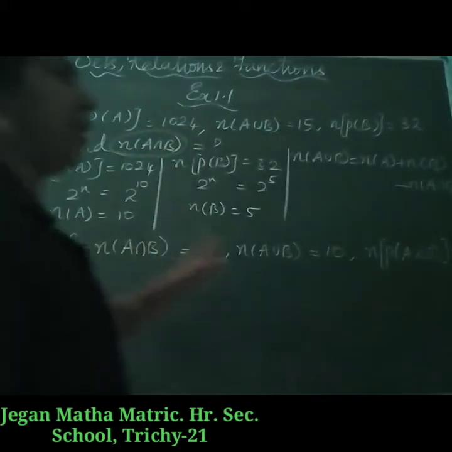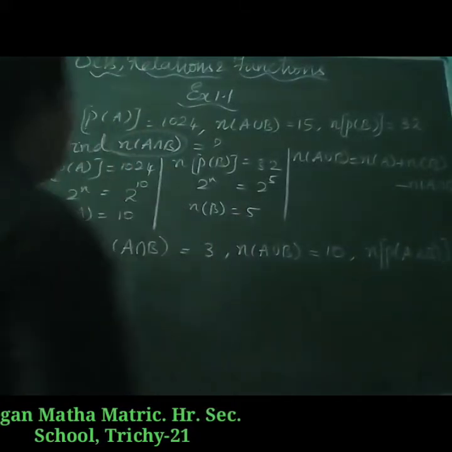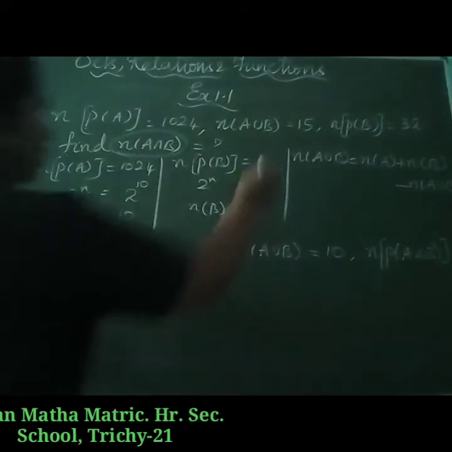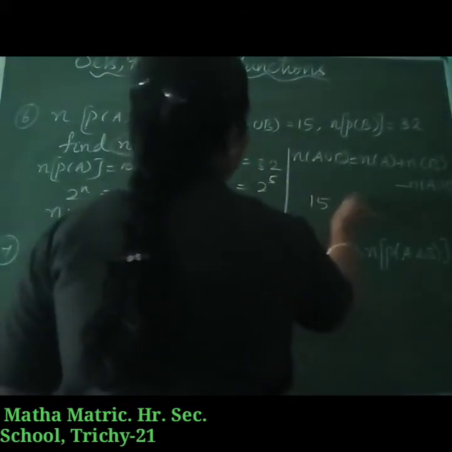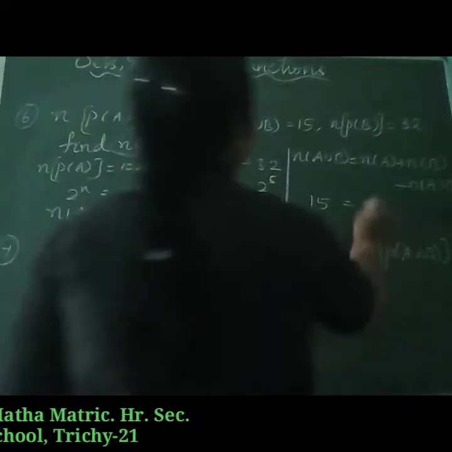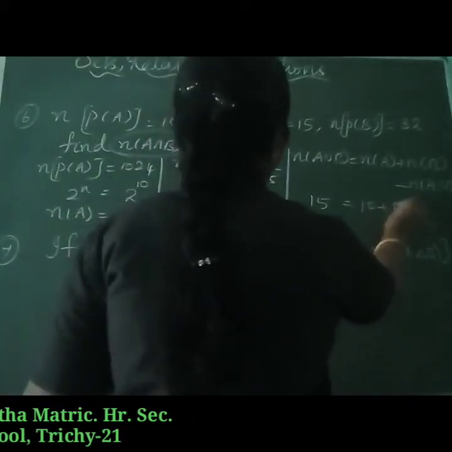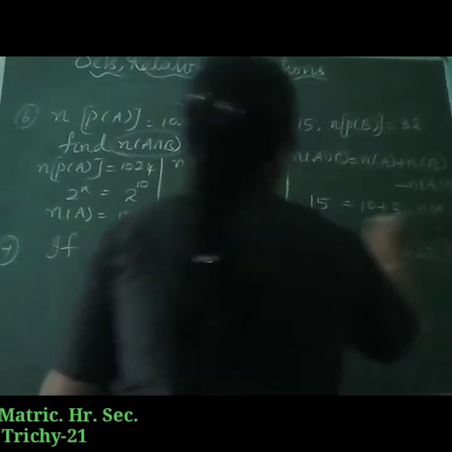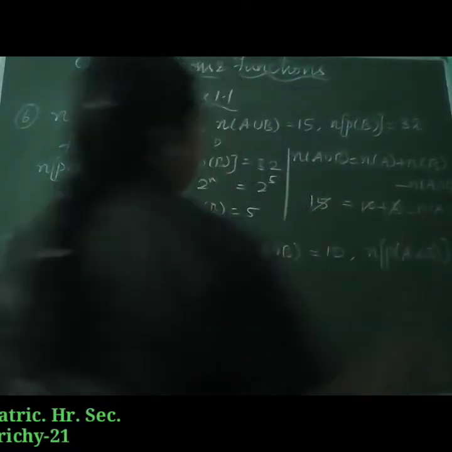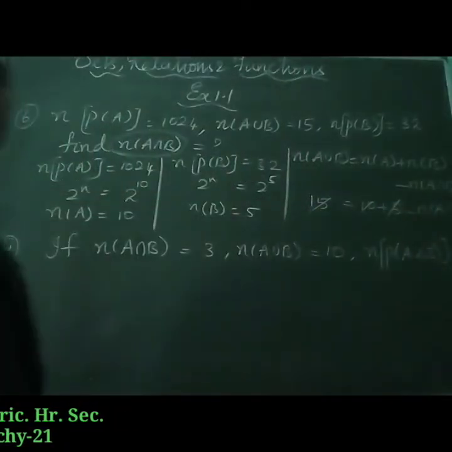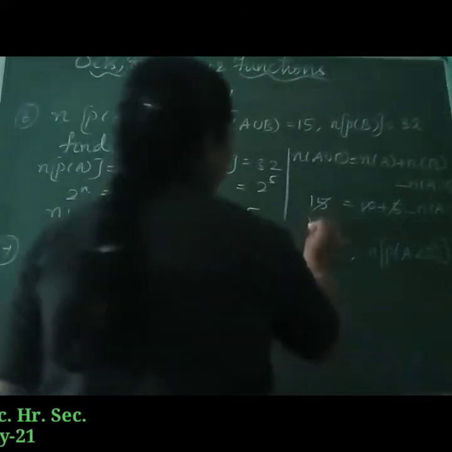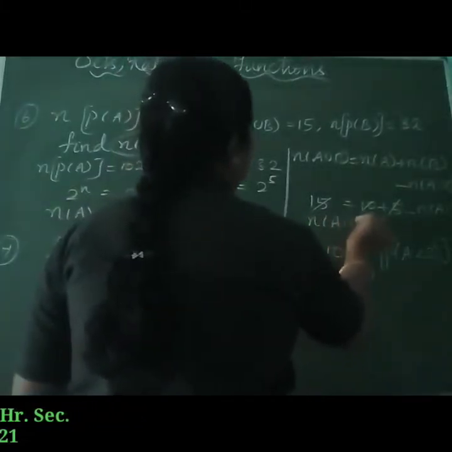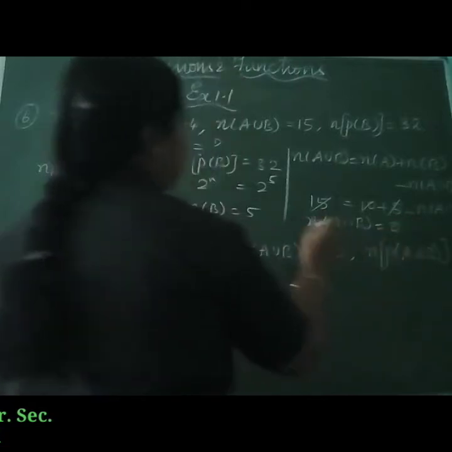All the remaining values you can substitute. n(A union B) in the question is given as 15, which is equal to n(A) is 10, n(B) is 5, minus n(A intersection B). So 15 equals 10 plus 5 minus n(A intersection B). Both sides you can cancel. Now we are getting n(A intersection B) is equal to 0.